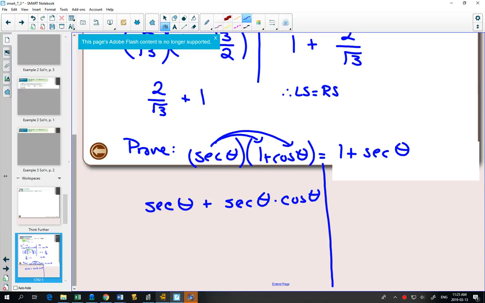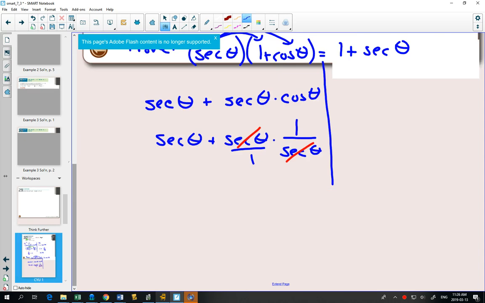If I change my cos to 1 over secant, and this is secant over 1, rules of fractions, those would simplify. And then I'm just left with secant theta equals secant theta. So I have proved it as well. QED.